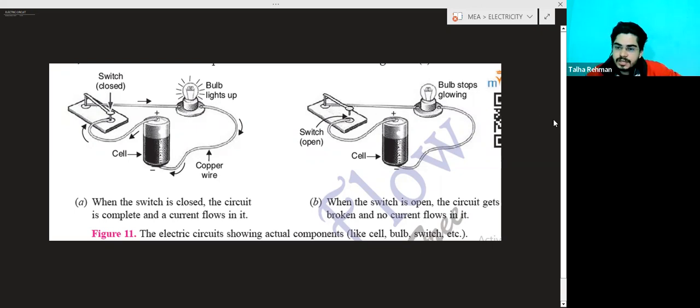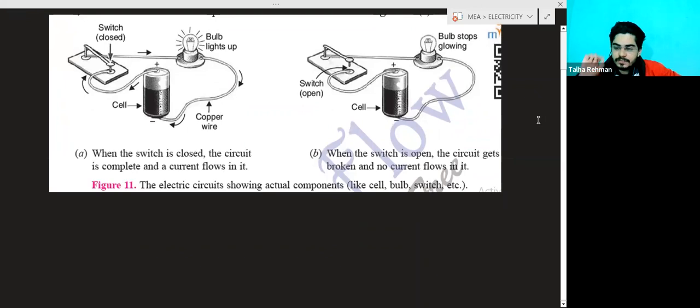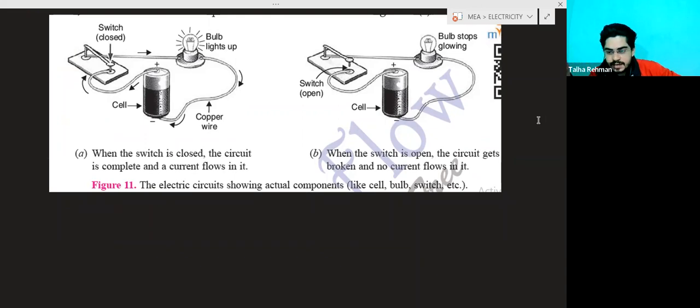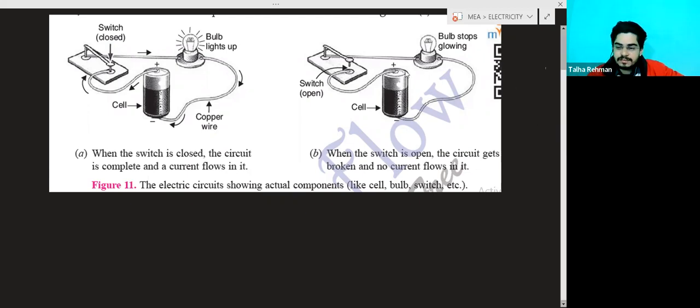So what we have done, we have given some symbols to the cell, switch, wire, resistance, variable resistance. At least 5 or 6 of those symbols you should learn, because they will be required when we solve questions.